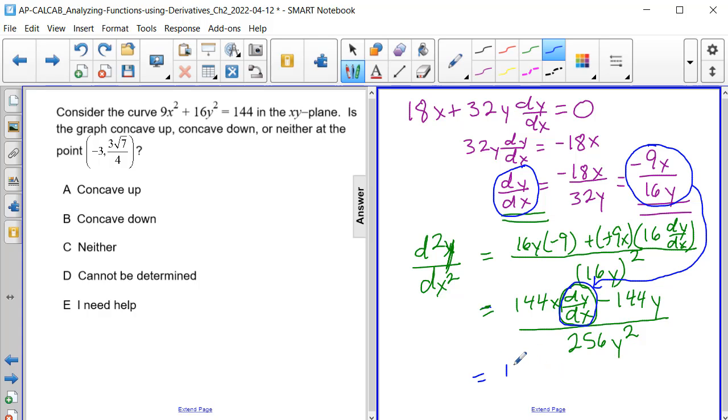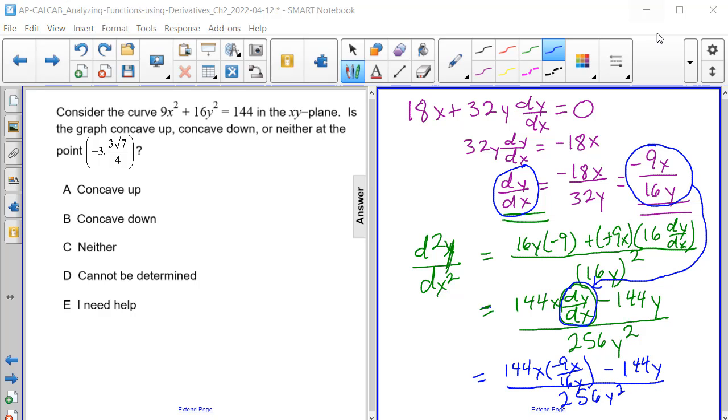And when doing so, we will get 144x times negative 9x divided by 16y minus 144y all over 256 y squared. Now in order to continue simplifying, we can notice that we have some coefficients that are going to cancel each other out. For example, 144 is divisible by 16, so we can cross the 16 out, it becomes a 1, and 144 becomes a 9.